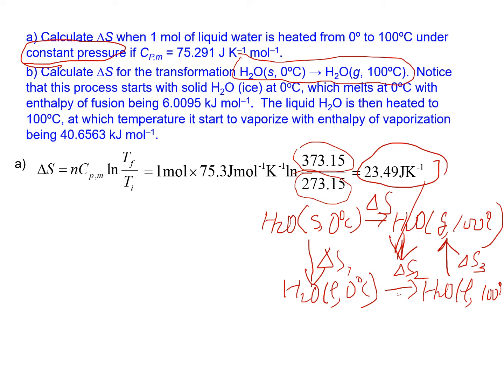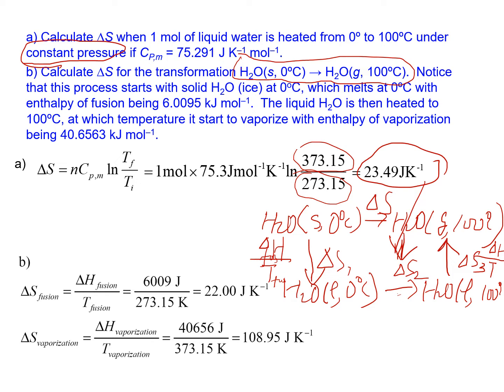Now delta S1 is the phase transition. The equation is delta H over T. Now in this case, it's the fusion enthalpy and fusion temperature, which is 0 degree. Delta S3 is a similar equation, delta H over T, but it's the vaporization. So here are two phase transitions. One is fusion, all right?